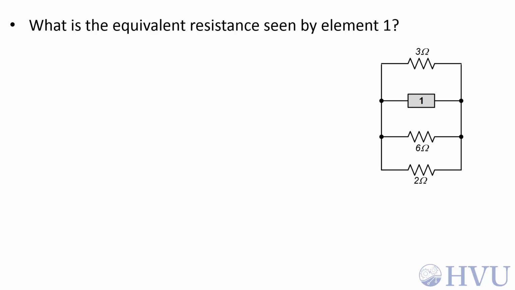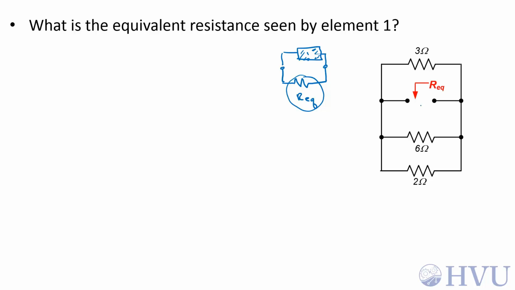In this example, we want to find the equivalent resistance seen by element 1. Ultimately, we want something that's an equivalent resistance, Req, such that if we hook element 1 up to this, element 1 can't tell the difference as to whether it's hooked up to a single resistance with this resistance value or this network of 3 resistances here.